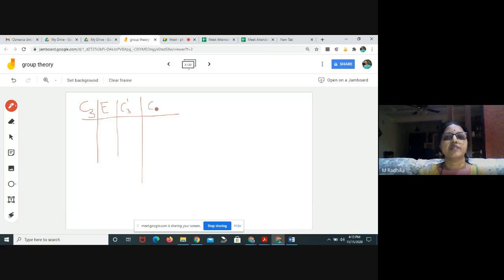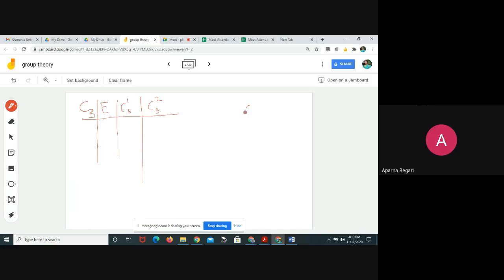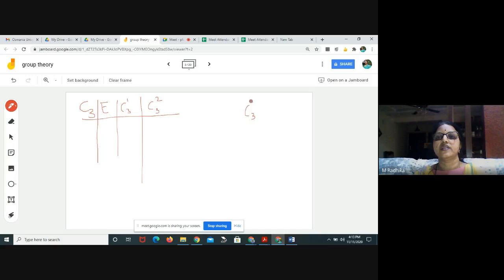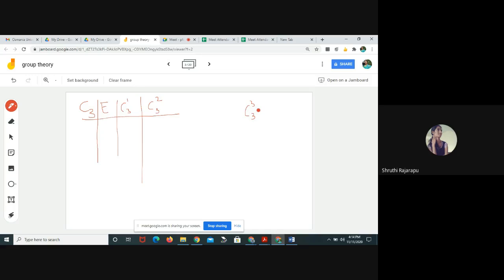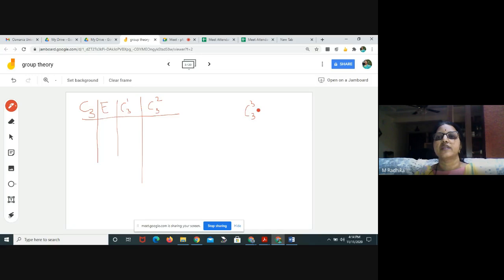And C33, if you do it, what happens? It comes to the same position again. It will come to its original position. Do you remember the symmetry we have done? If you rotate three times with C33, you will get the original structure, as if you have not done anything. So these are the elements. Since we already write E, don't write C33 again. So again I have to write here E, C31 and C32.